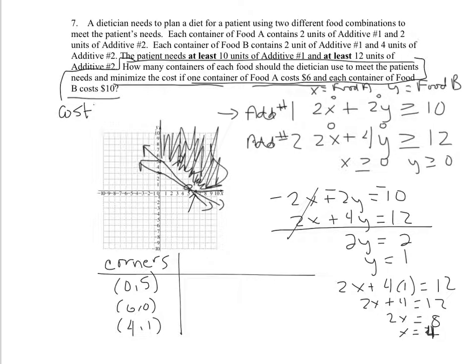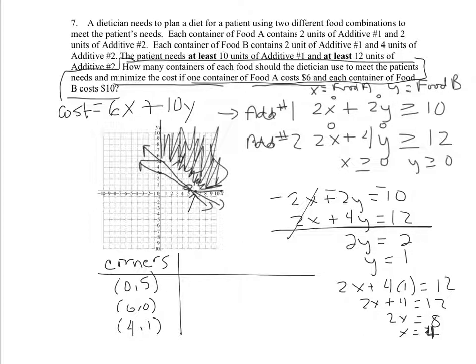Well, that means my cost equation is the cost of food A, which is $6, times however many containers of food A I have, so that's 6x, plus I'll do the same thing for food B. It costs $10 times every container of food B that I will have.